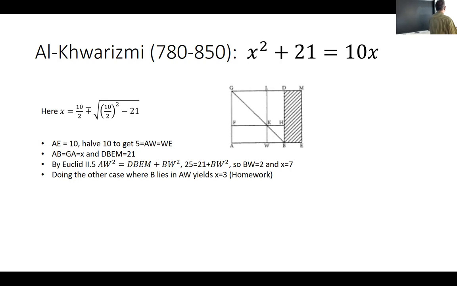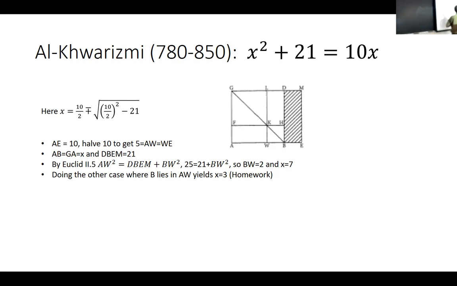And so by Euclid 2.5, AW squared is equal to this rectangle here plus this square here. Okay, so AW is 5. This is 21.